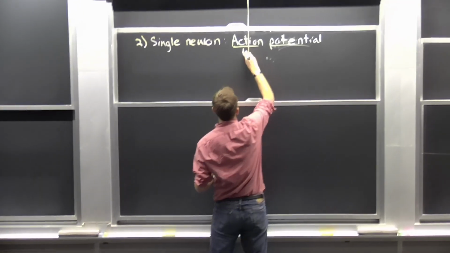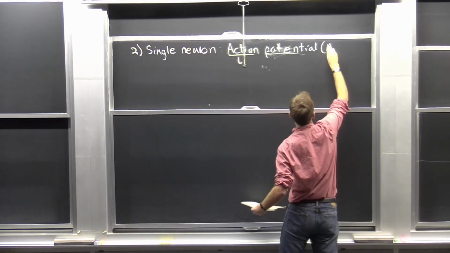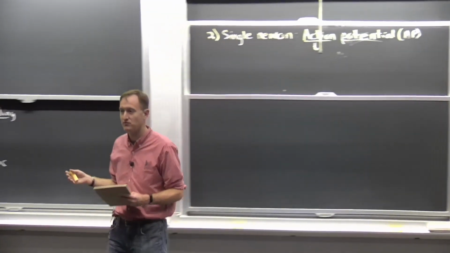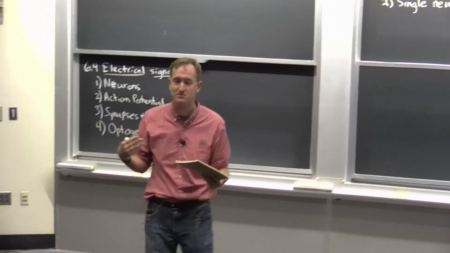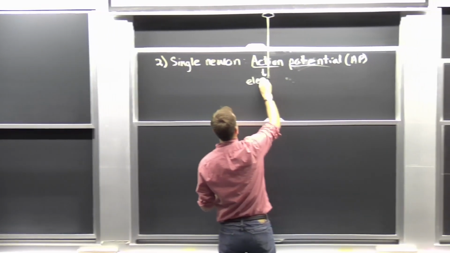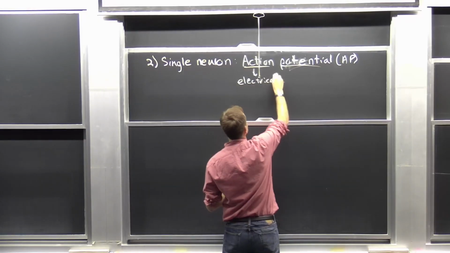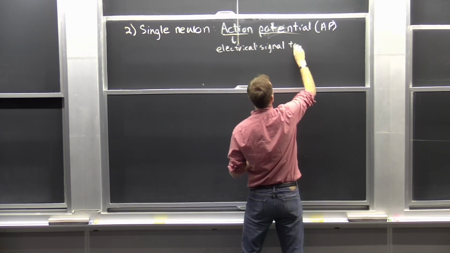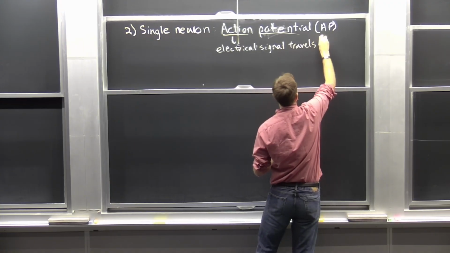Okay, so this action potential, I'll abbreviate this AP. So when I refer to AP, I'm not referring to advanced placement, but action potential. Okay? So this is an electrical signal that travels the length of the axon in the neuron.